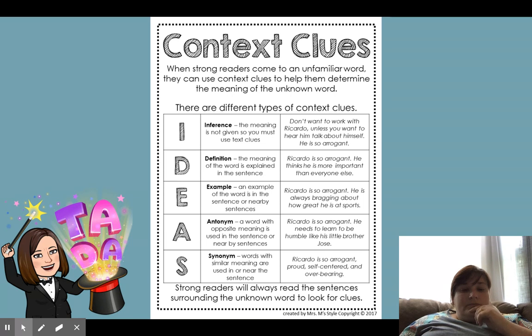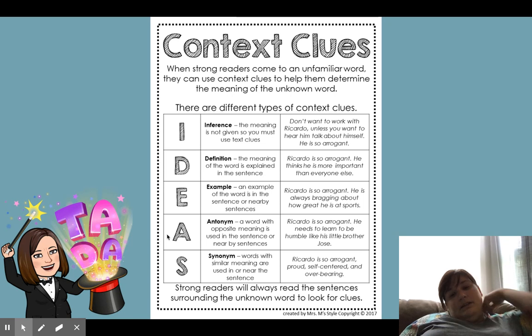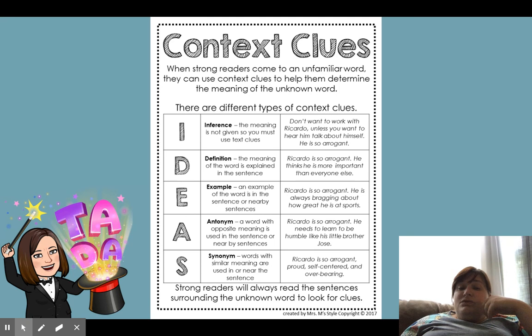So then you have S. S stands for synonym. Synonyms are words that have similar meaning or the same meaning, and they are used near or in the same sentence with the unknown word. An example is: Ricardo is so arrogant, proud, self-centered, and overbearing.